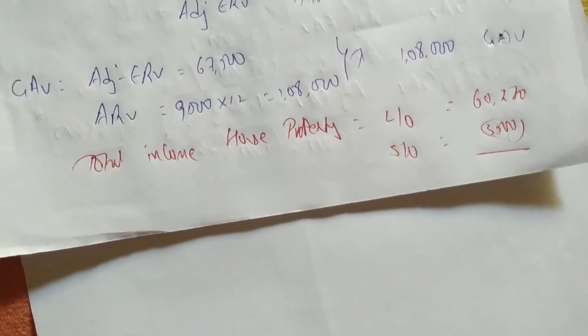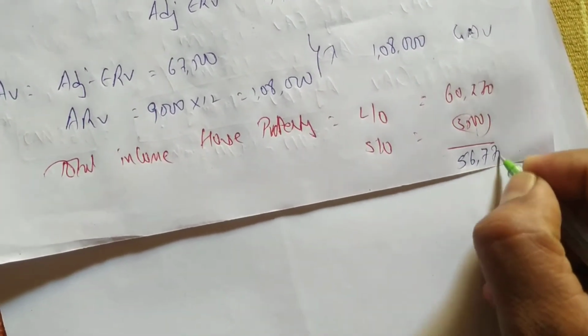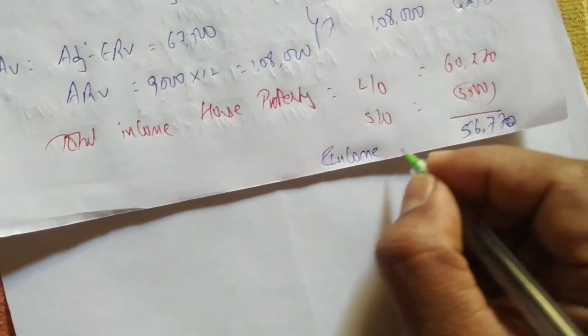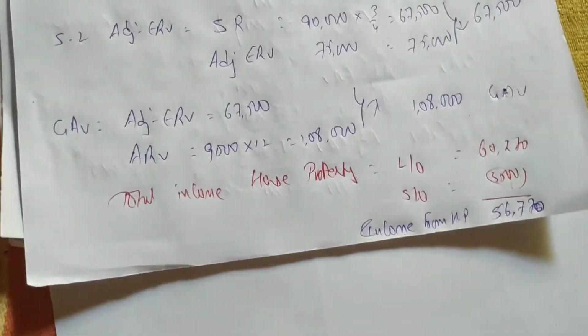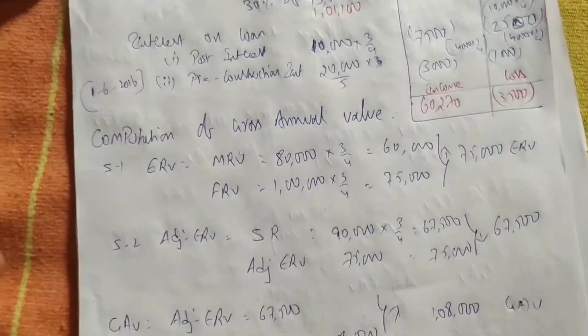So net income is 56,770. So this is income from house property. Okay, so net income from house property. So like this we have to solve.